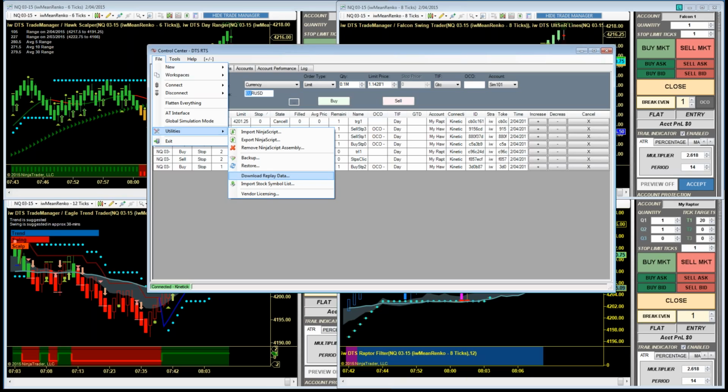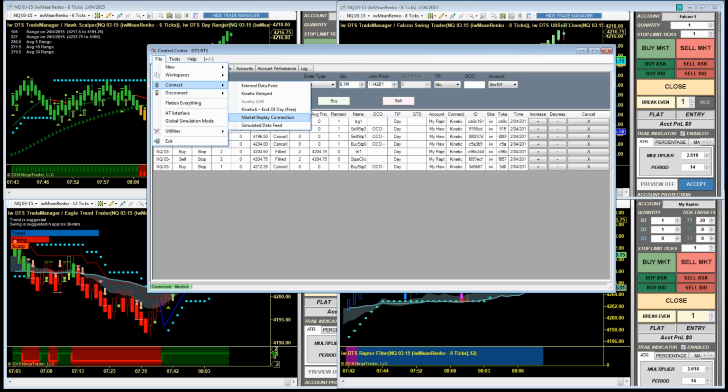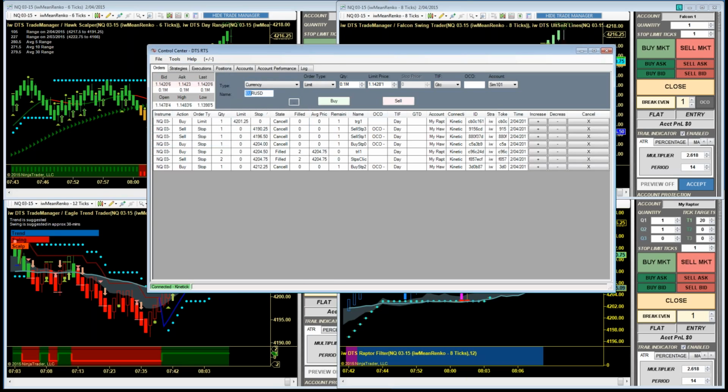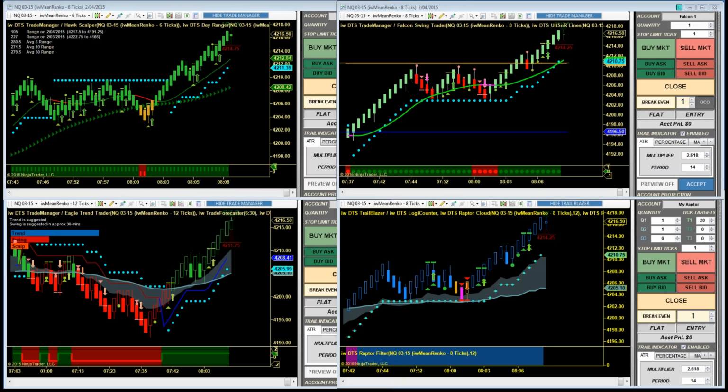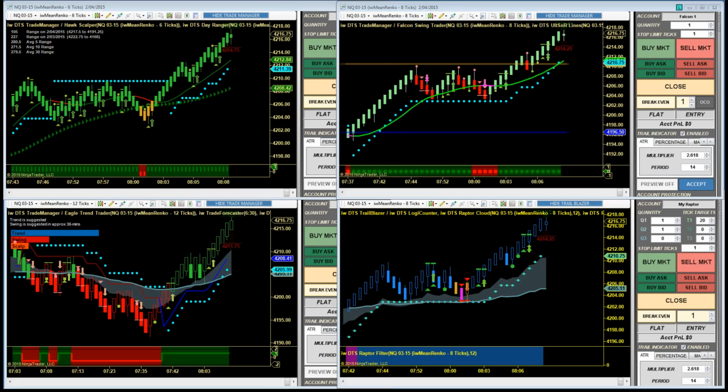Yeah, that's the one thing about Ninja, it's not always the most user-friendly. Okay, here we go. Download replay data. That's what you need to do first. So you go here, you download the data for the market you're interested in, whether it's the E-mini or gold or crude or whatever. And then you can connect to your market replay and enter the date that you want to replay, and you can replay the day. See how you would have traded it.